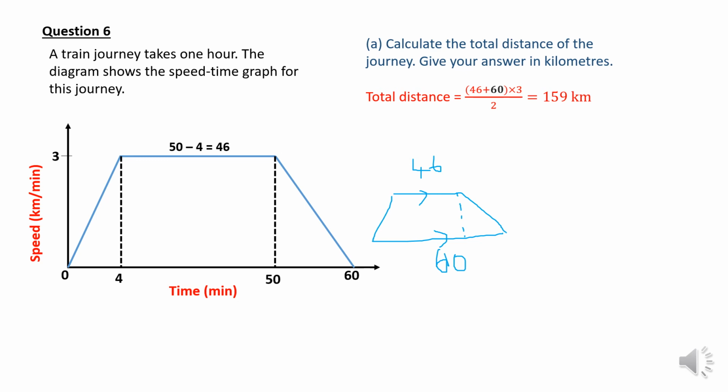So the height is that 3, and that's why you see I have done that. But remember, as I said, no problem, you could also have decided to take the area of this triangle, this rectangle, this triangle, and add them all up. And if you add those areas, you should still get the 159 kilometers, like what I have done there.